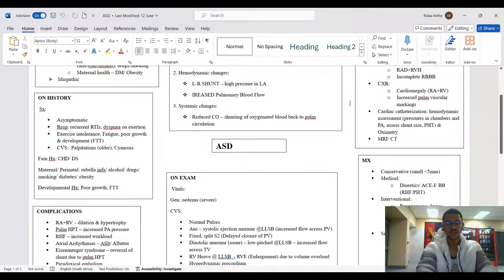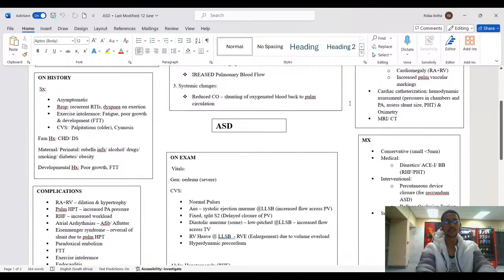So, what are the things on history that are quite important to recognize for babies with ASD? Essentially, some babies are quite asymptomatic because it's an acyanotic disease. The blood is oxygenated. It's just that there's a little less. There's no mixing of oxygenated with deoxygenated blood.